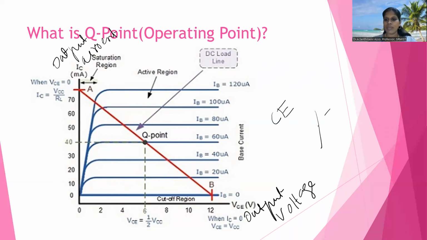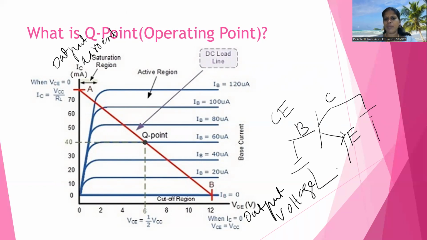What is common emitter configuration? The emitter terminal is common between input and output. Here we are giving input, and here we take output. Output voltage is VCE, output current is IC. This is the output characteristics of a common emitter amplifier.